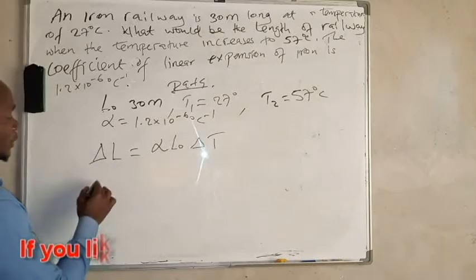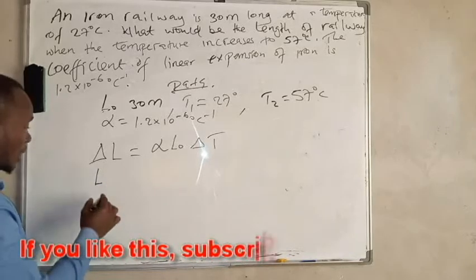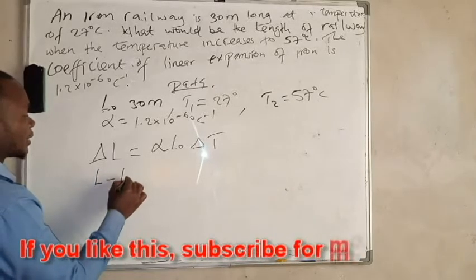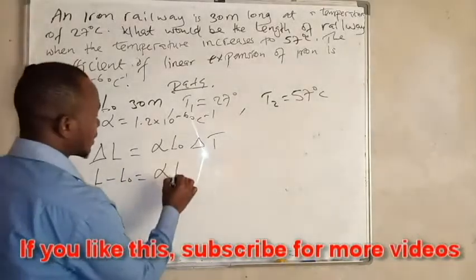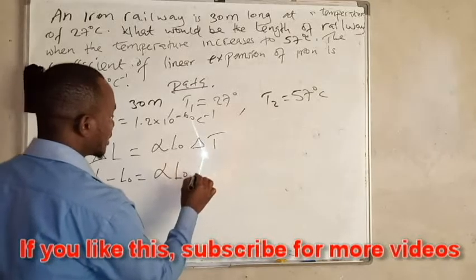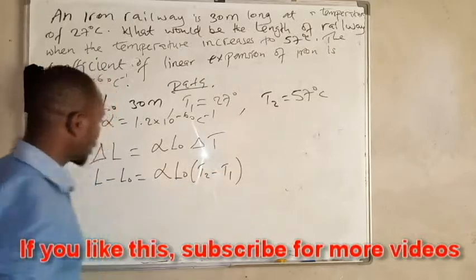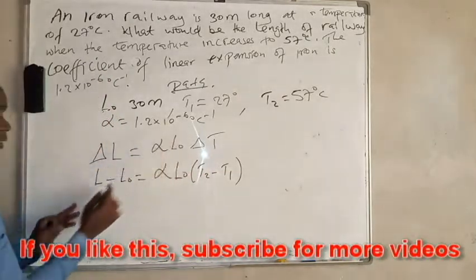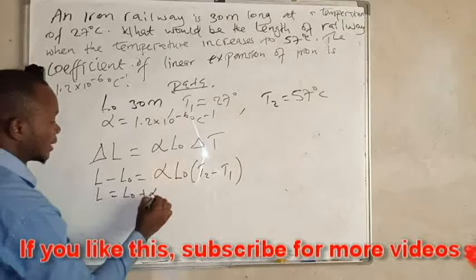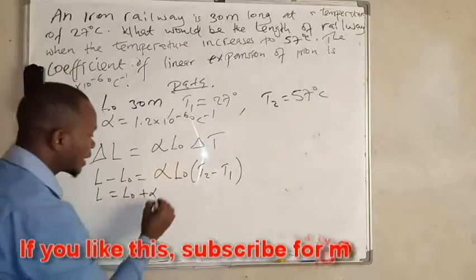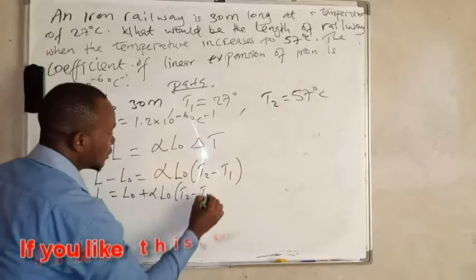And we know that the change in length is simply the new length minus the original length, which is equal to the coefficient of linear expansion times the original length times the change in temperature, which is T2 minus T1. So since we are just looking for L, it is going to be L original plus coefficient of linear expansion times original length times T2 minus T1.